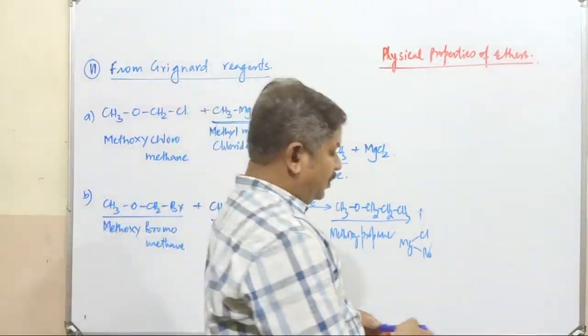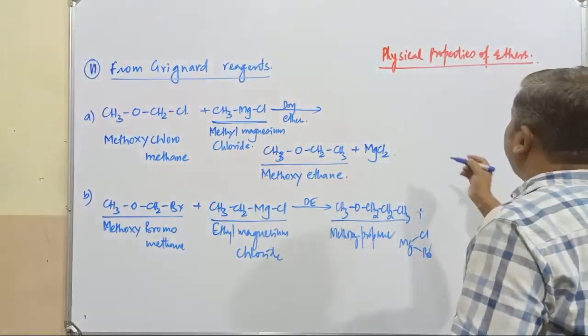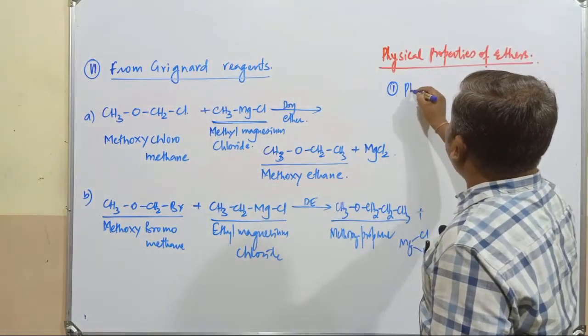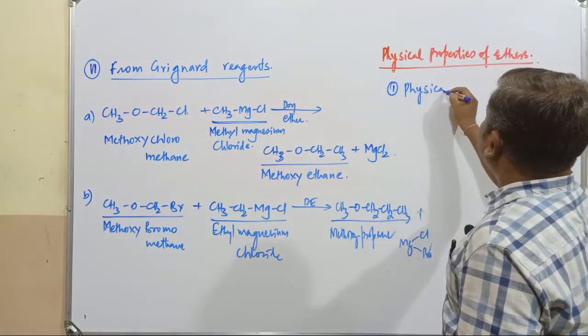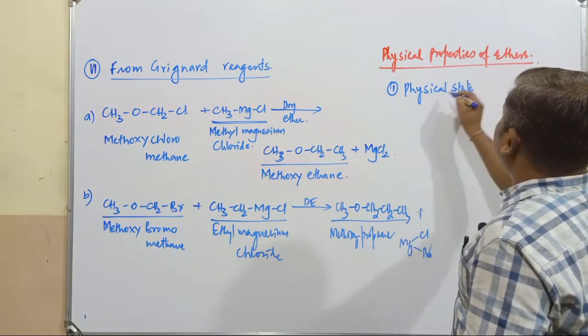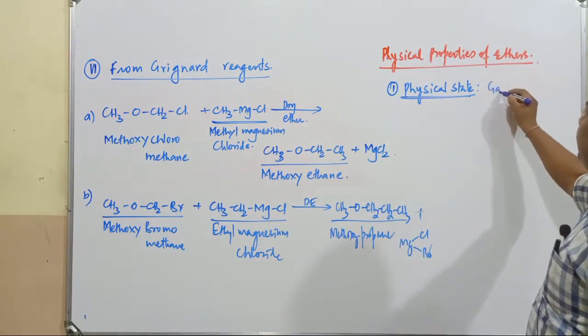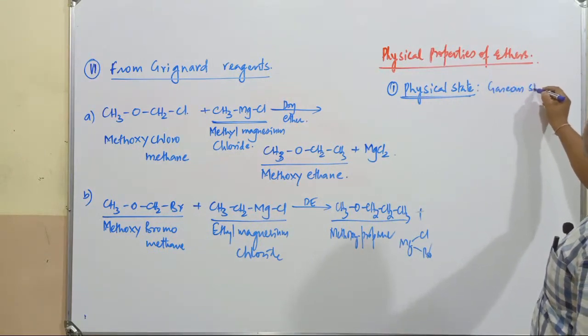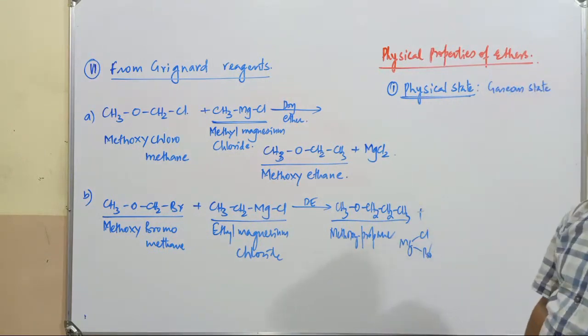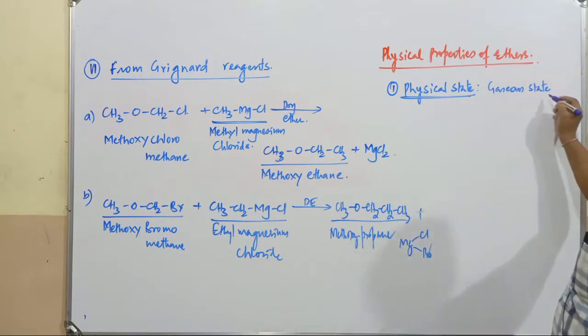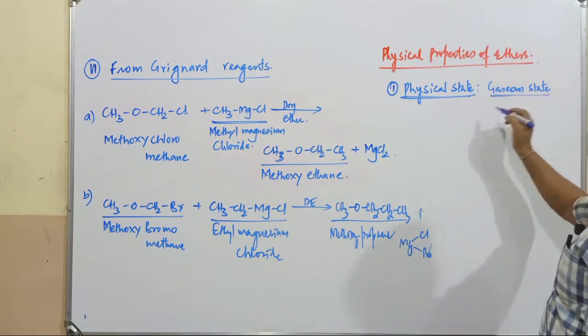In case of physical properties of ether, the first one is physical state. Usually lower members are in the gaseous state. Lower members, methoxy ethane, those compounds are present in gaseous state.